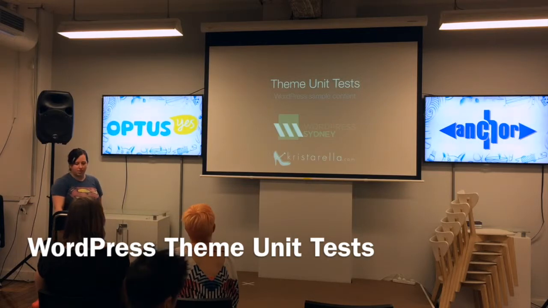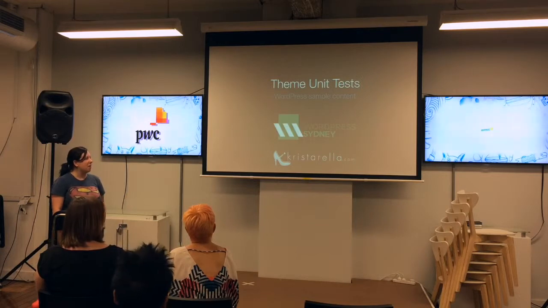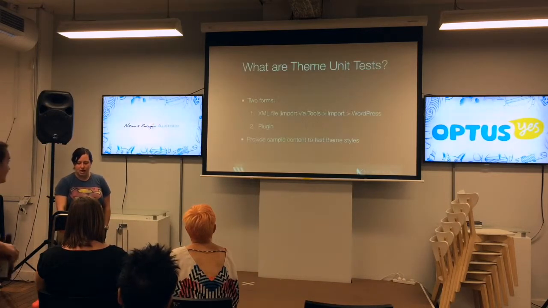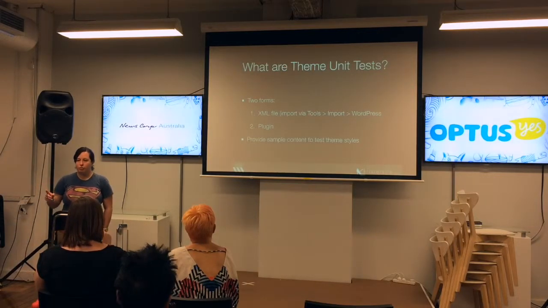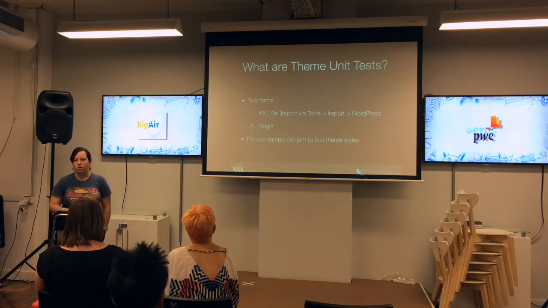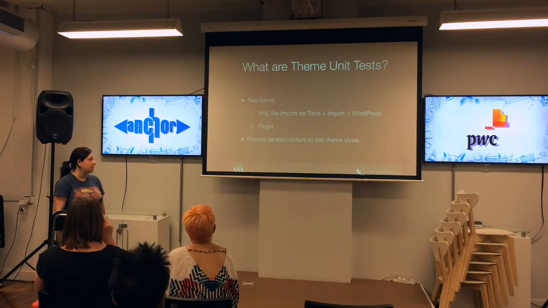Theme unit tests, or essentially, I'm generally talking about WordPress sample content. Theme unit tests come in two main forms. You can get an XML file that you can import into your WordPress installation, or there are a few plugins that you can use.